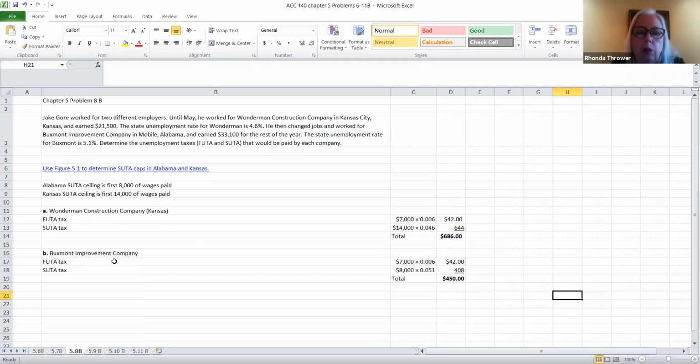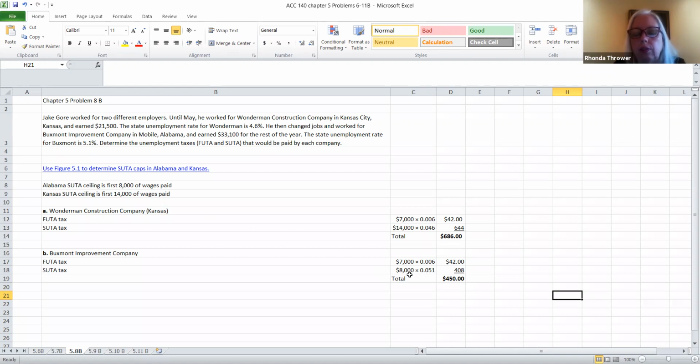For the Bucksmont Improvement Company, the FUTA tax is the net tax again. The ceiling is 7,000. So you would multiply 7,000 times 0.6%, which is $42. To find the SUTA tax, you have to remember that Bucksmont is in the state of Alabama, and in Alabama, the SUTA is going to be based on the first 8,000 of wages.